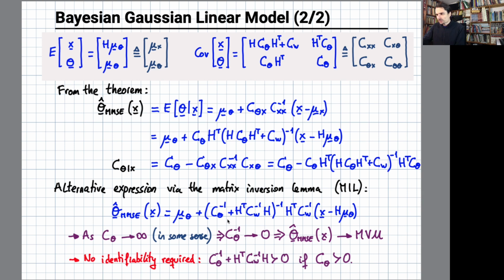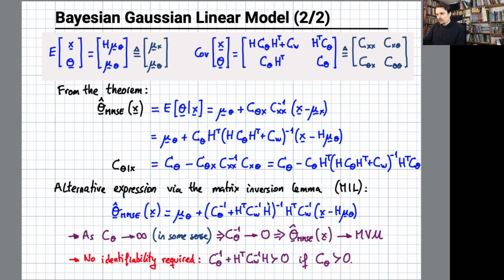However, now, since we are adding this covariance matrix here, the sum of these two matrices will always be invertible, because precisely this is invertible, so the eigenvalues are all positive, in other words.